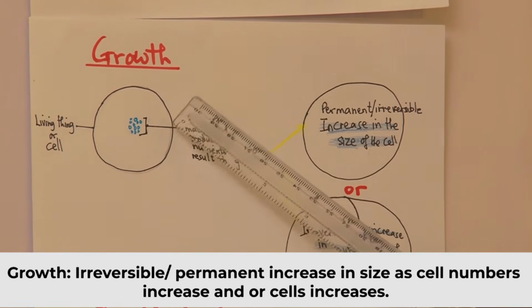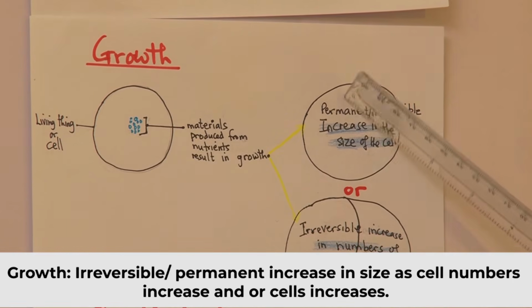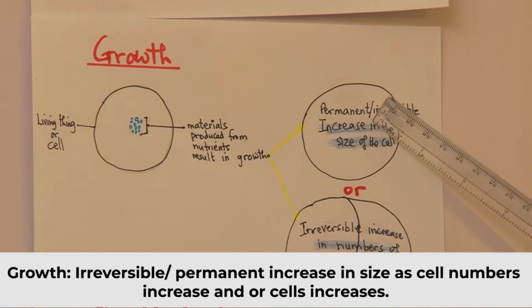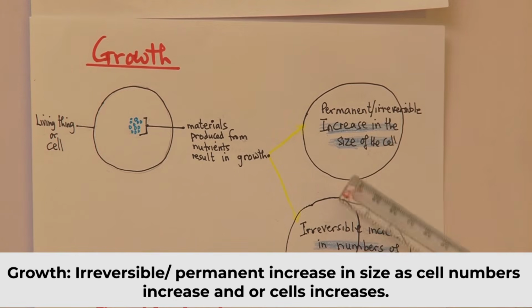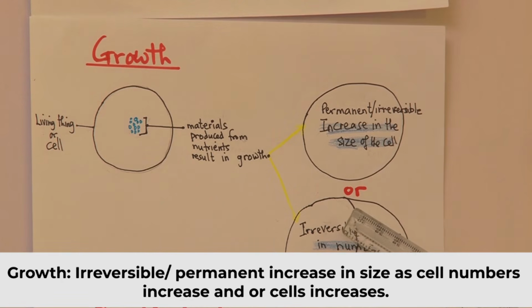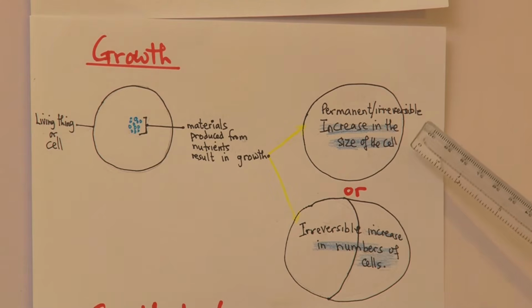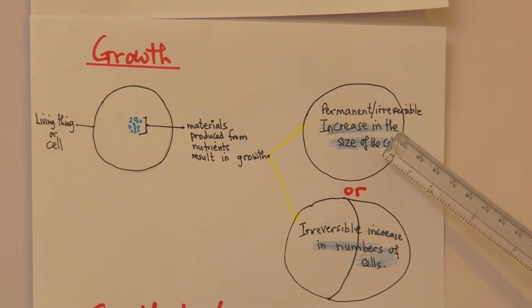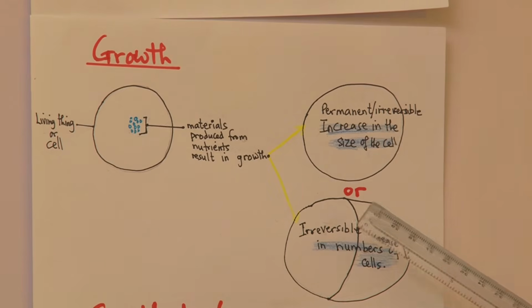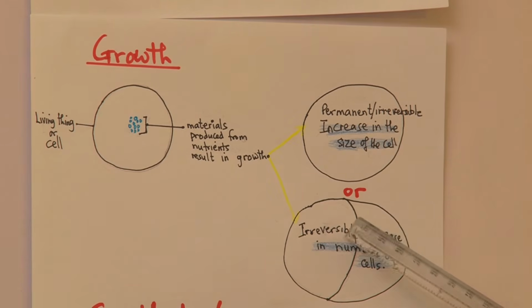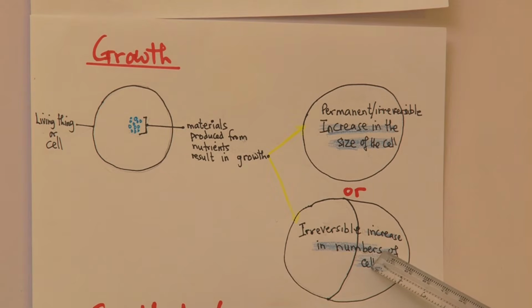And the increase in size of this organism can be one cell increasing or an increase in size by increasing the number of cells in that same living thing. So growth is a permanent, irreversible increase in size of a cell or irreversible increase in numbers of cells. All right? Good.